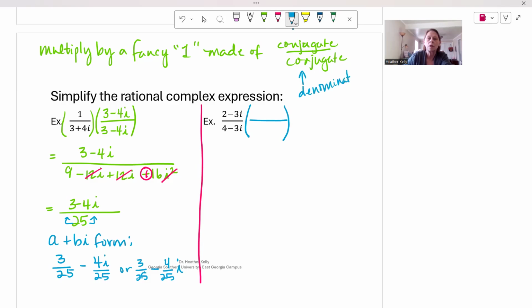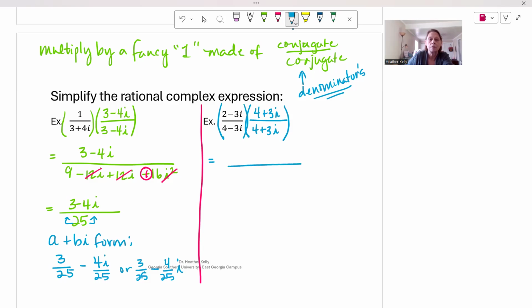If we do it by the numerator's conjugate, then we get rid of all the imaginary numbers on top and leave them all on the bottom, and we just can't have those imaginary numbers in the bottom. Okay, so the conjugate here is going to be 4 plus 3i. And don't forget that this is how that's going, right?